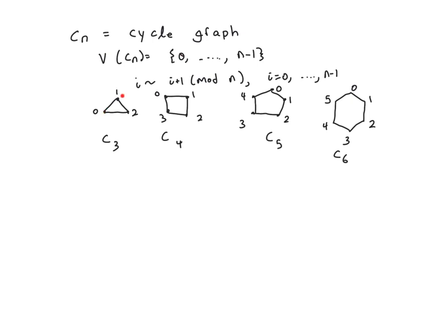So 0 is adjacent to 1 is adjacent to 2, but now we have 2 is adjacent to 0. 0 was adjacent to 1, which was adjacent to 2, which was adjacent to 3. We add an edge between 0 and 3. Of course, that's assuming that I tried to draw these things like this. But as you can tell, it's more common to actually draw them like vertices on a regular polygon.